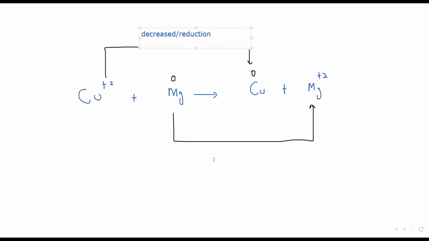And magnesium, the oxidation number increases, so we call that oxidation. So magnesium has been oxidized, increase in oxidation number, whereas copper ion is being reduced.